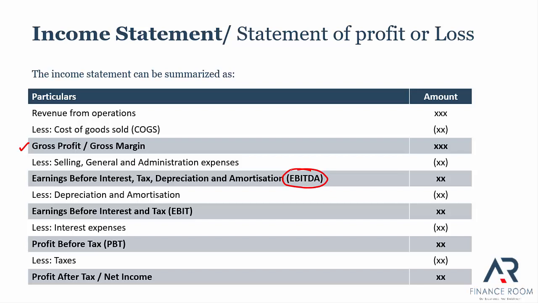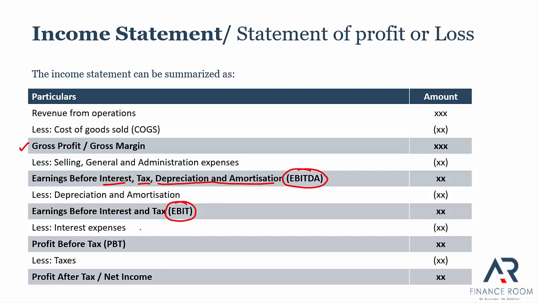Very, very important and widely used term in corporate finance. EBITDA is your earnings before interest, tax, depreciation and amortization. Then from this EBITDA, you subtract depreciation and amortization and you arrive at EBIT, earnings before interest and tax.